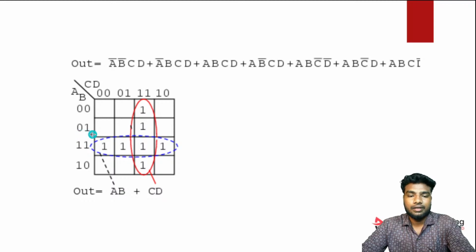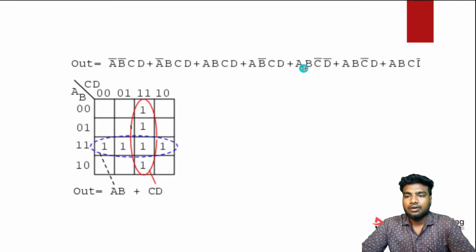Then a bar b: I take this row and find cd, so I put 1 here for this term. Then a b c d, I put 1 here. Then a b bar cd: I take this row and check for cd, and I put 1 here.